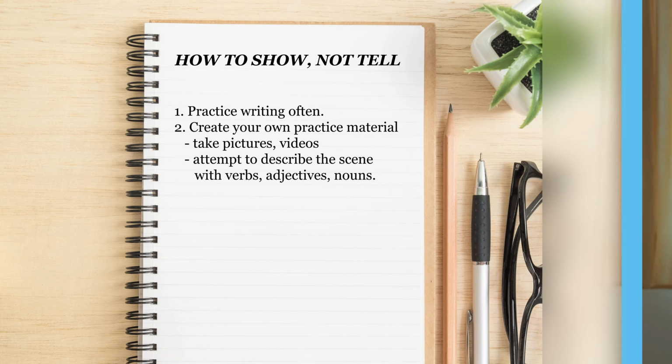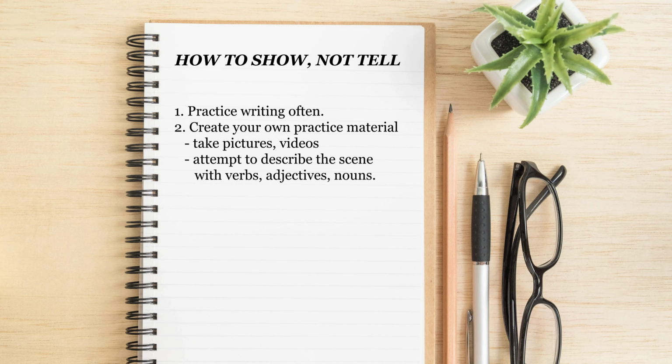So how can you practice very often? You won't have that many guides or worksheets available on the internet where you practice writing in a show way, and it's not available in great quantity either. So what you can do for yourself is just go out and take pictures of things.